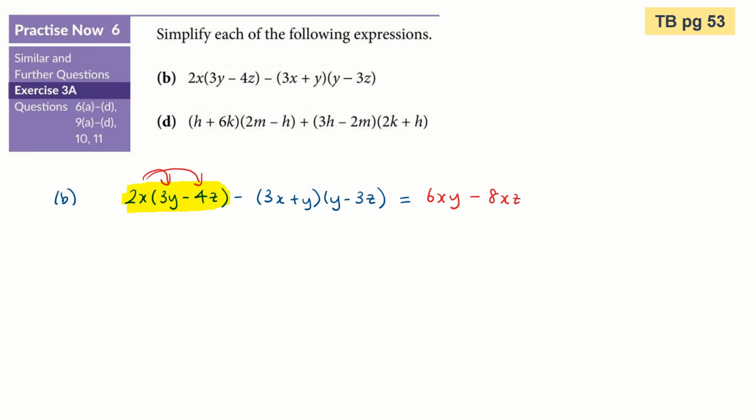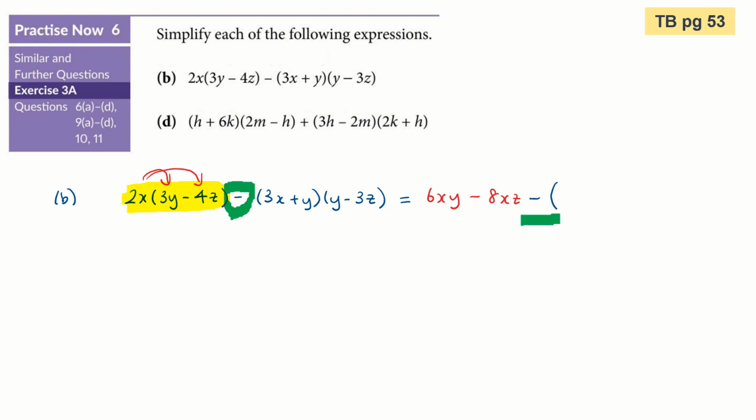Because there is actually a minus sign, let me just change my ink color. There is actually this minus sign over here. So we need to include that minus sign, followed by a pair of brackets.